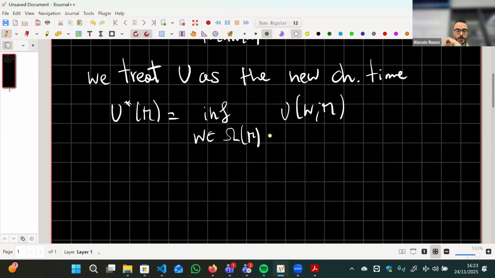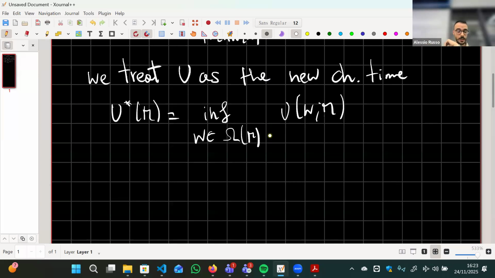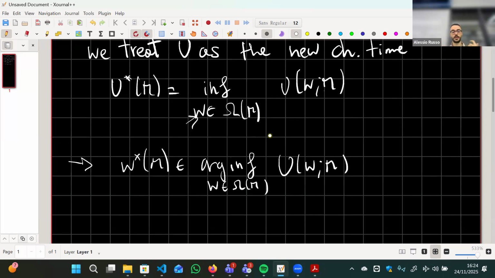So right now, basically what we are doing is replacing T with U. And the idea, as in track and stop, is, okay, let's just compute this W and try to explore according to this W. I mean, if this is the best you can do, why not just apply W star and explore according to W star?